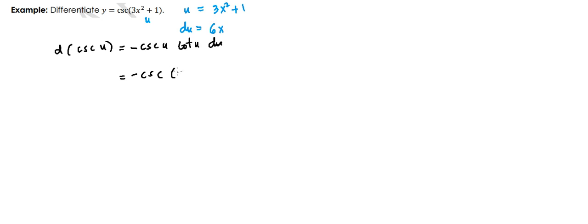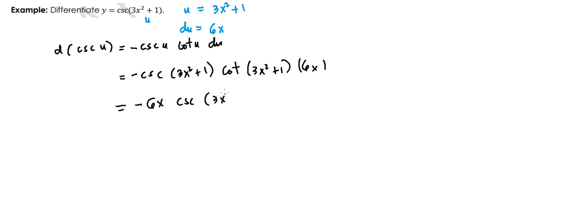Our u here is 3x squared plus 1. Then the cotangent, our u again is 3x squared plus 1. Then the du here is 6x. So we'll just rewrite this. We have negative 6x cosecant 3x squared plus 1 cotangent 3x squared plus 1. That's it.